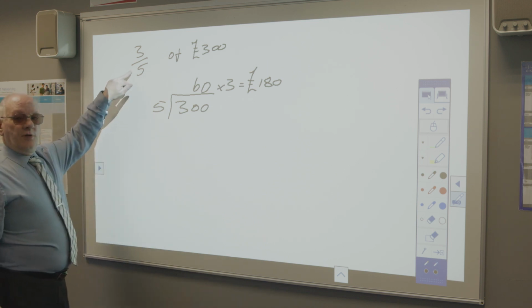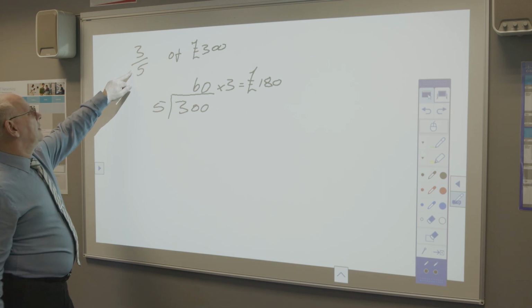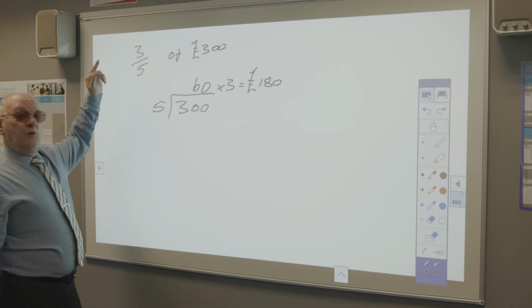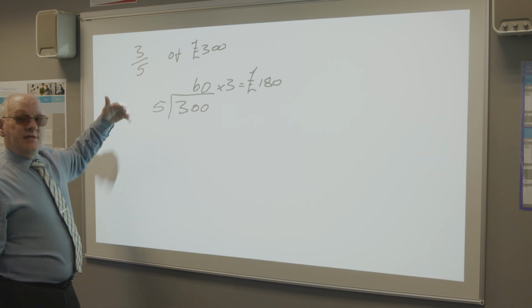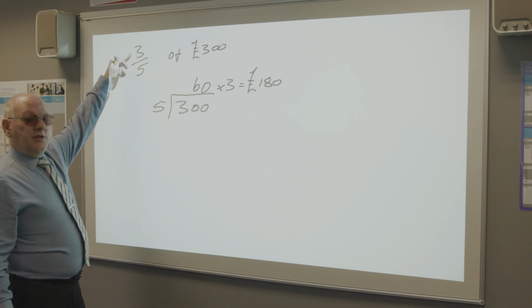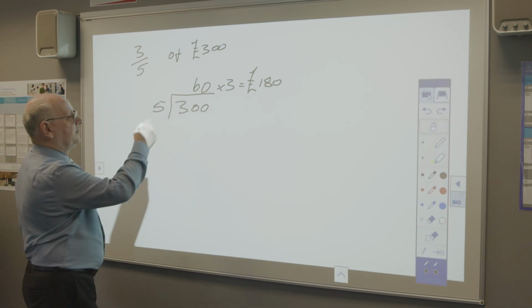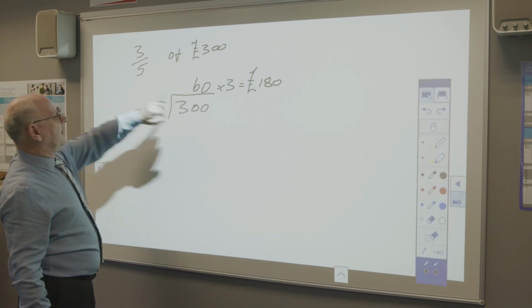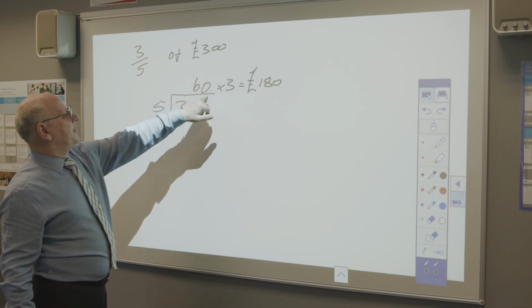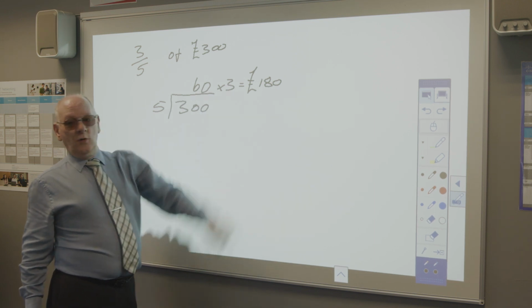When you divide by the bottom number of a fraction, that will give you 1 of that fraction. So when you divide by 5, it will give you 1/5. You divide by 8, it will give you 1/8. If you want more, then you need to multiply the original answer. So we wanted 3, we divide by 5, that will give us 1, which is £60, but we wanted 3, times it by 3, £180.